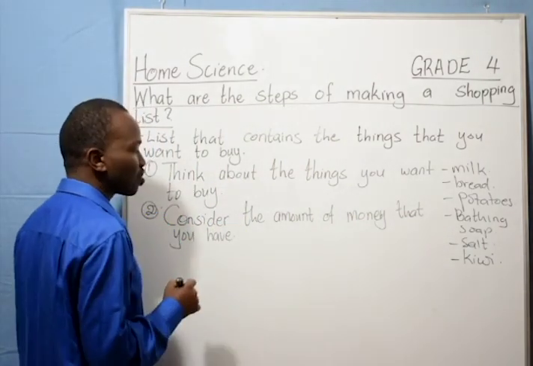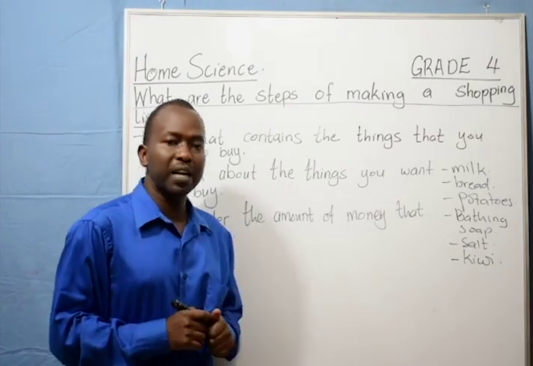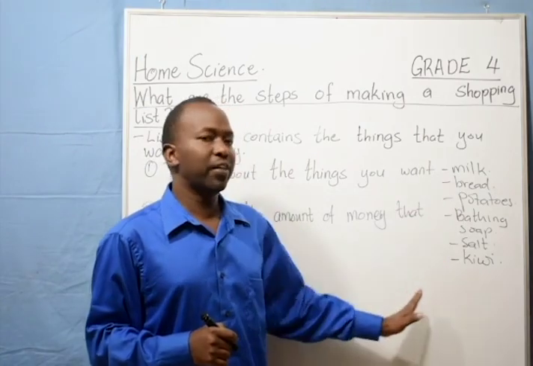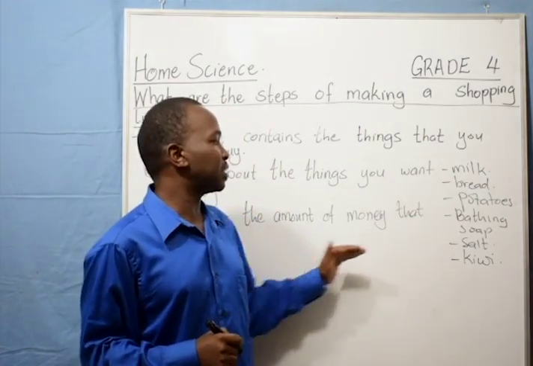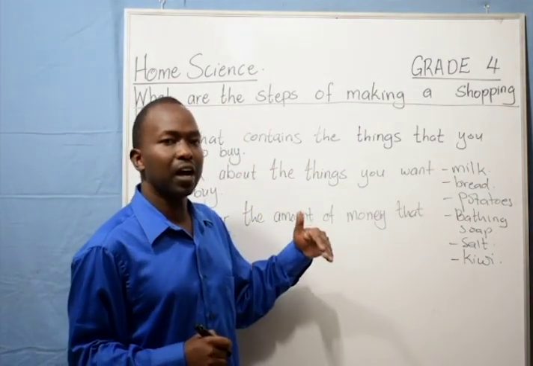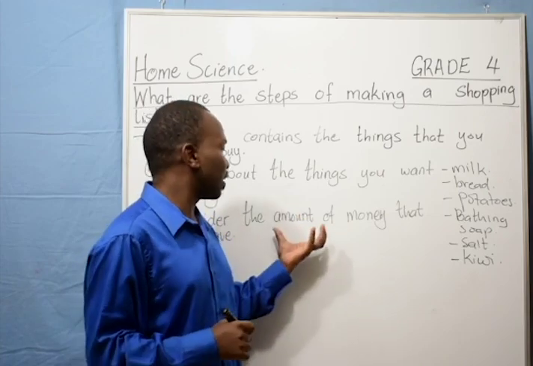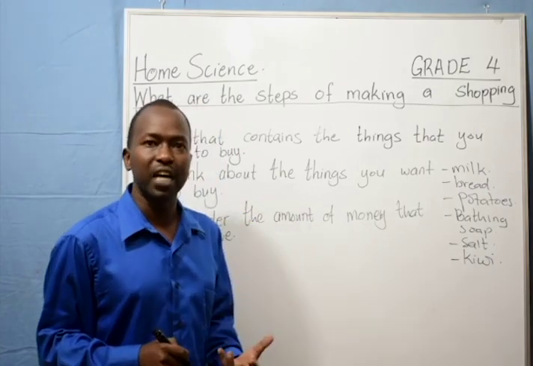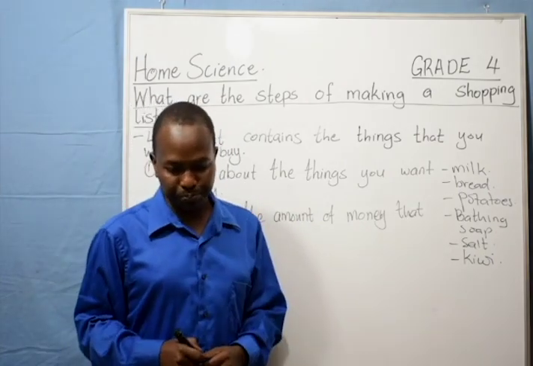Now, the amount of money will help you know, will all these things that you have written down be equal to the amount of money that you have? And again, the quantity of it that you want to buy?